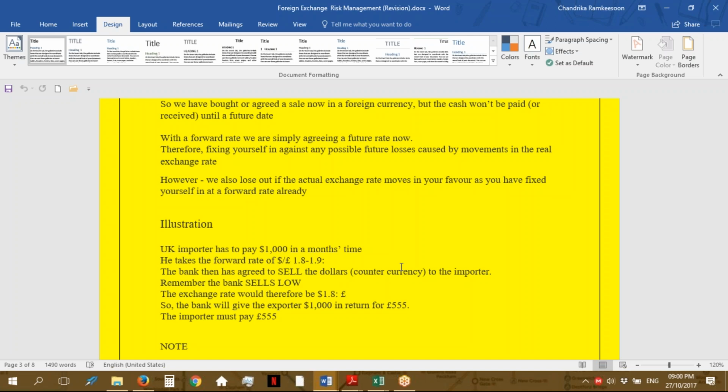So it knows for sure today what its cost is going to be. Now, these components which it has purchased would be used in its product. And because the firm knows exactly what its cost will be in sterling, it can go ahead and set its price and know for sure that its price will cover its costs.